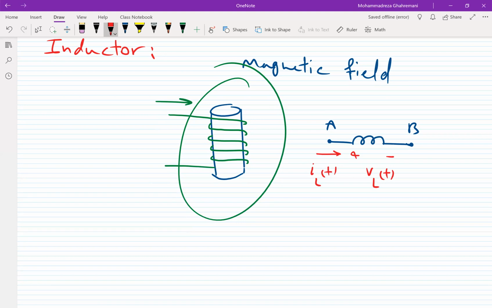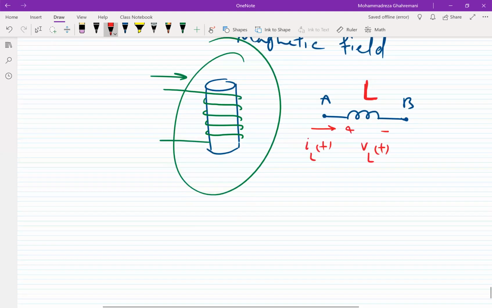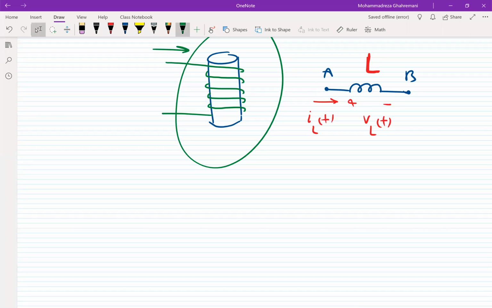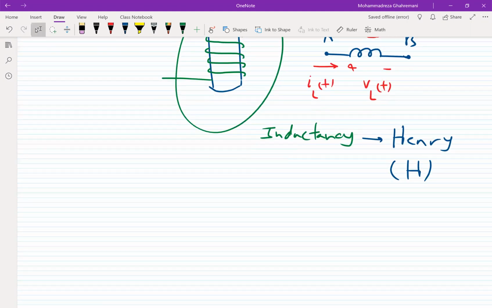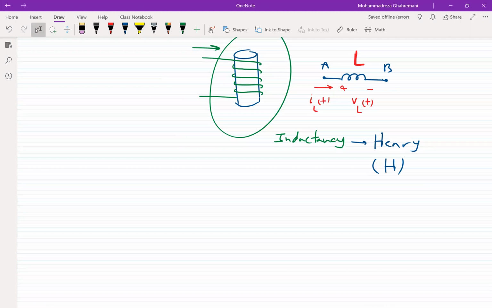And of course, inductor has something called inductance, like capacitance for capacitor, resistance for resistor. We have inductance for inductor. Inductance is represented in Henry, and we show it with capital H. So this one is a general form of an inductor.